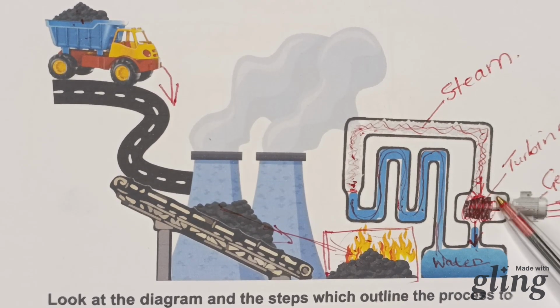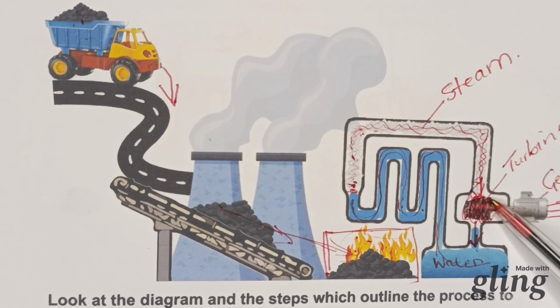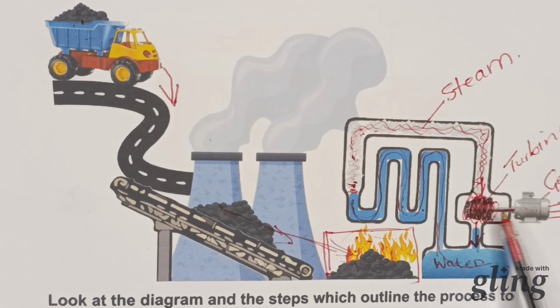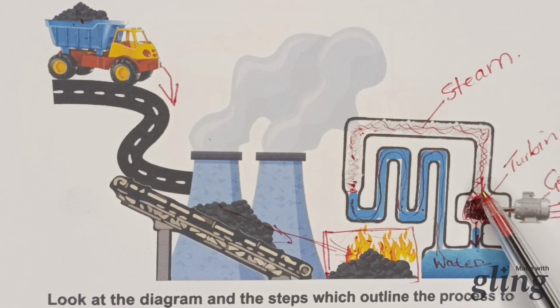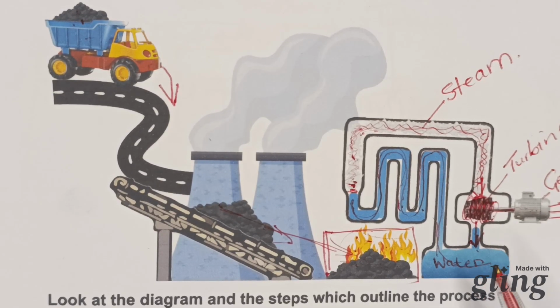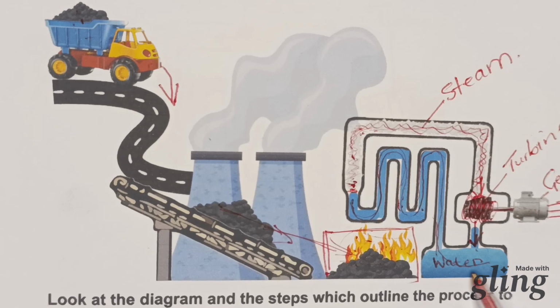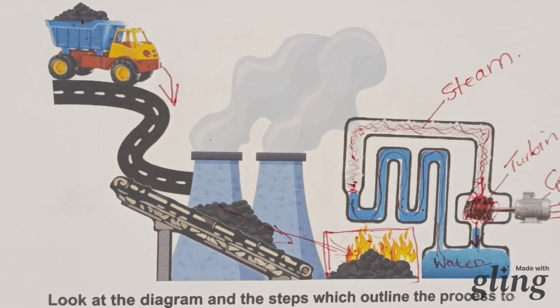This steam, with its pressure, starts turning the turbine. The turbine is linked to a generator outside, so the generator generates electricity. The steam, when it cools down, comes back to the container of water, and the process continues over and over again.